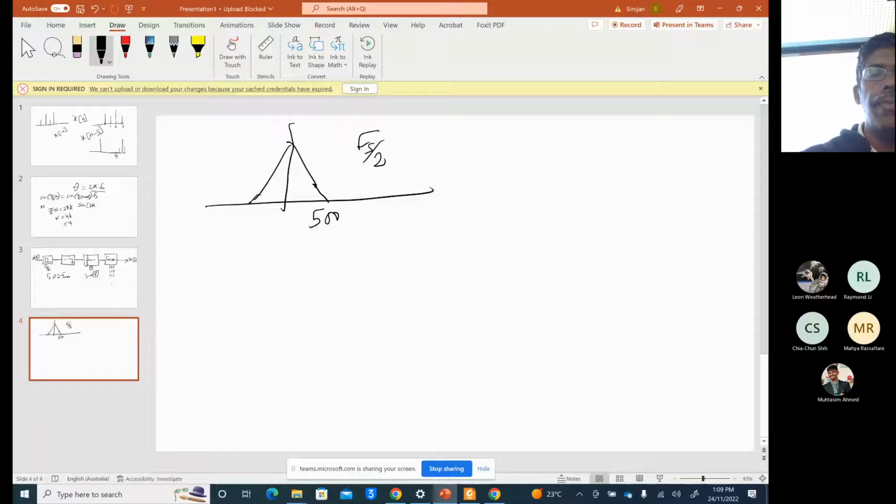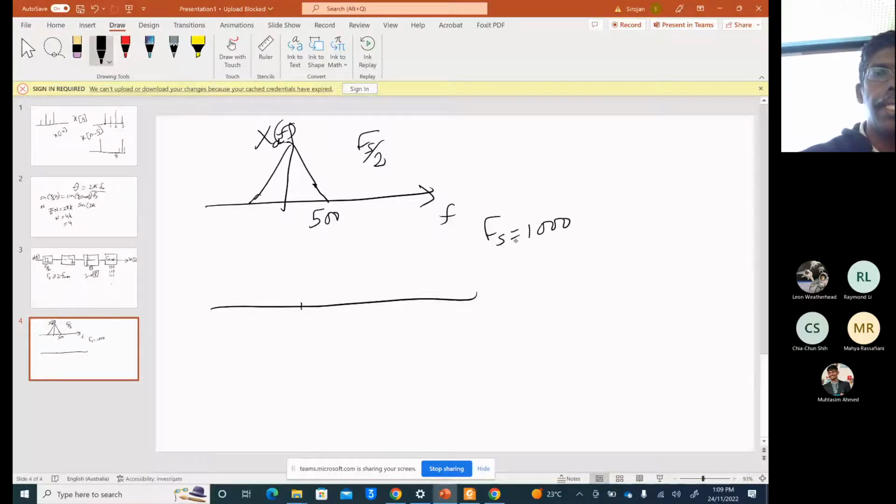When we sample it, it is going to get repeated. Let's say we are sampling at 1000 hertz, so Fs equal to 1000.